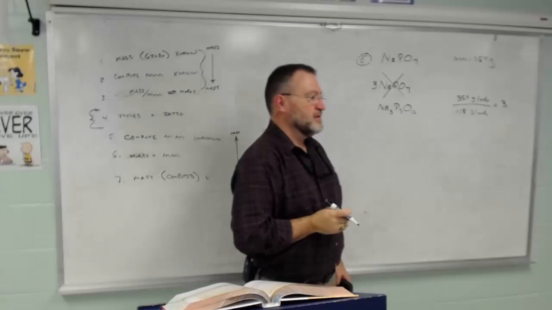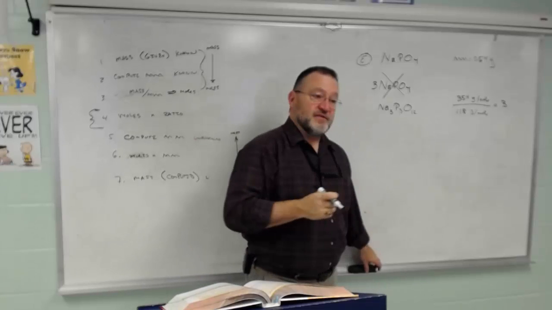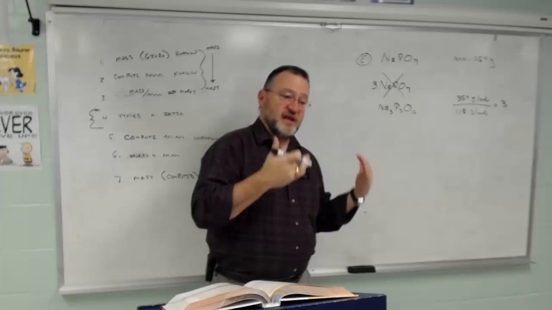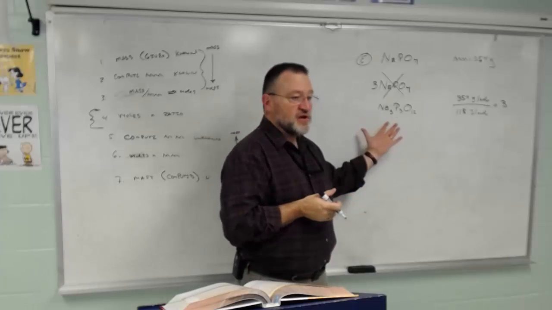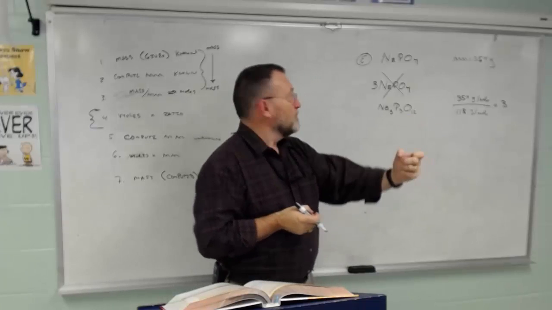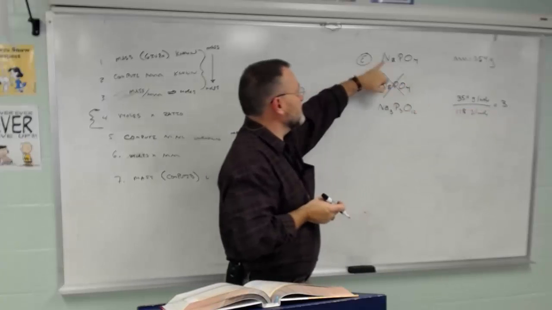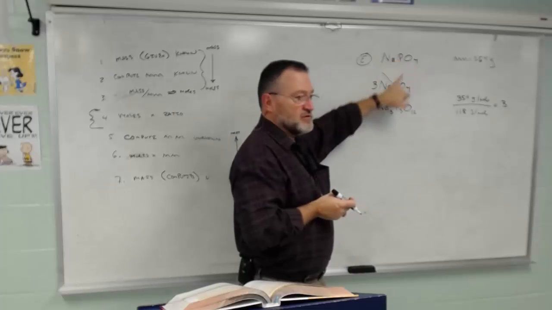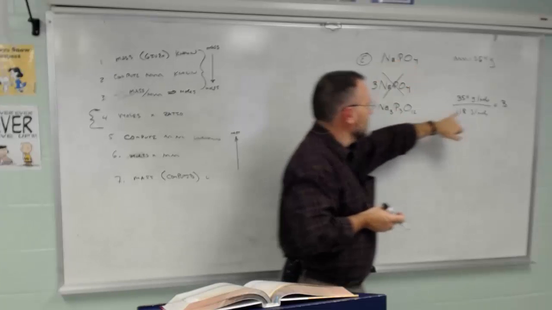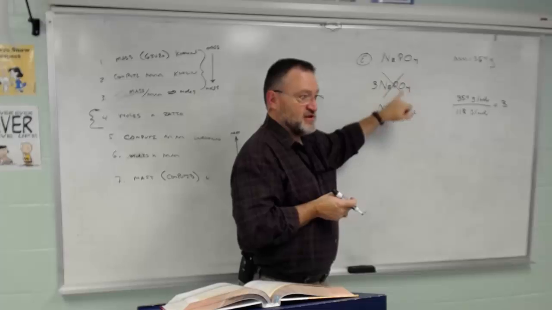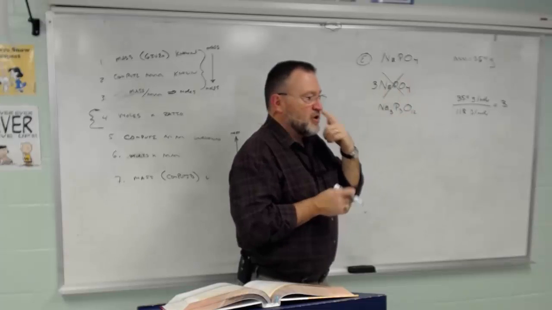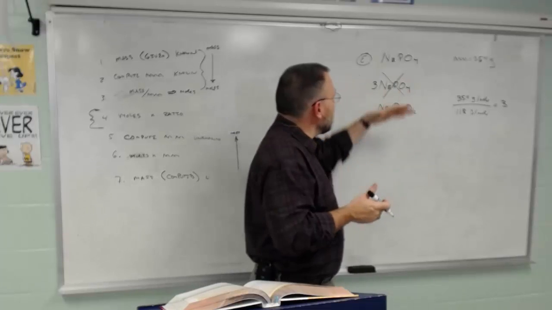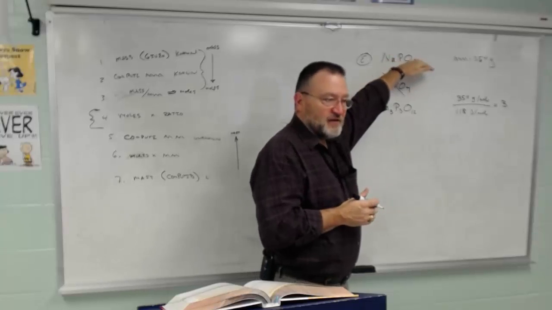Okay? And this is one of those things where if you were to say, how many sodiums are in the actual molecule? Well, 3 times as many as was in the empirical. How much phosphorus? 3 times as much as was in the original empirical. How much oxygen? 3 times as much oxygen as was in the empirical. But hopefully we're savvy enough now that we recognize, hey, this is a polyatomic ion, right?